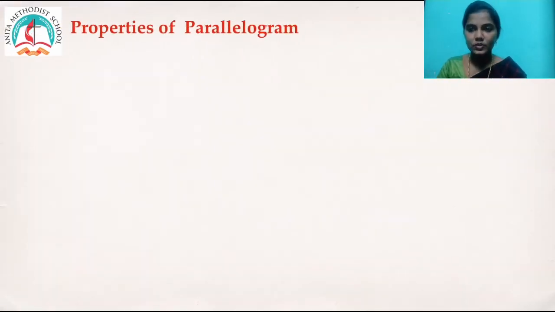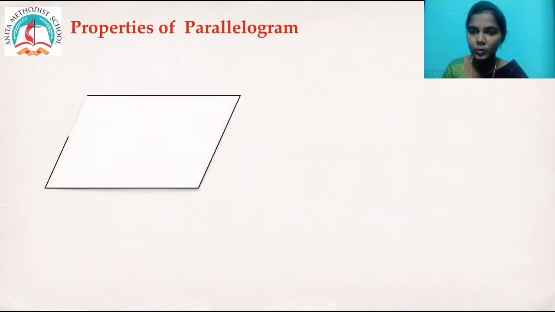So first draw the parallelogram. In a parallelogram, how many vertices are there? Quadrilateral means we have 4 vertices and 4 sides. The same way we have 4 vertices, that is 4 corners, in the parallelogram.